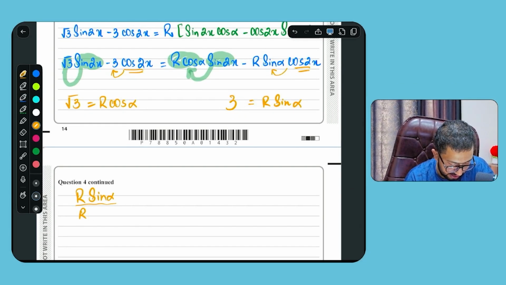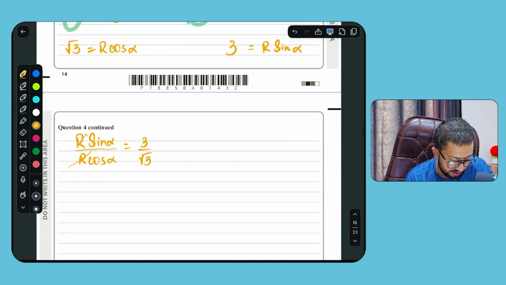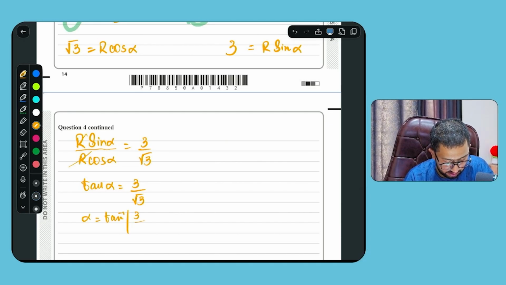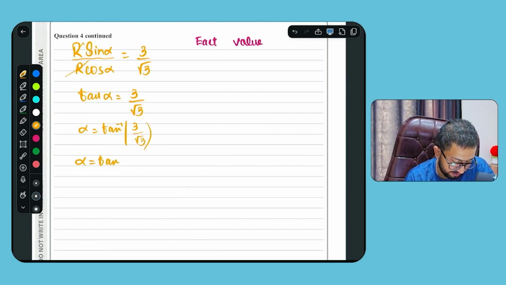Hello, hello. Keep your eyes on the screen. 3 over square root 3. The r cancels out, sin over cos is tan. So alpha will be tan inverse of 3 over square root 3 without calculator.